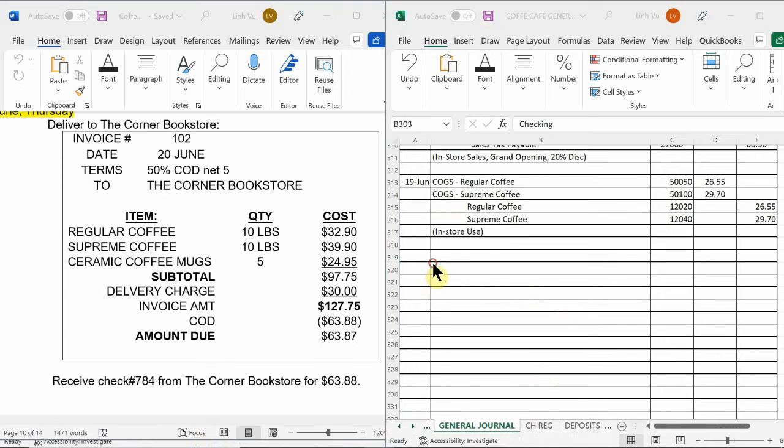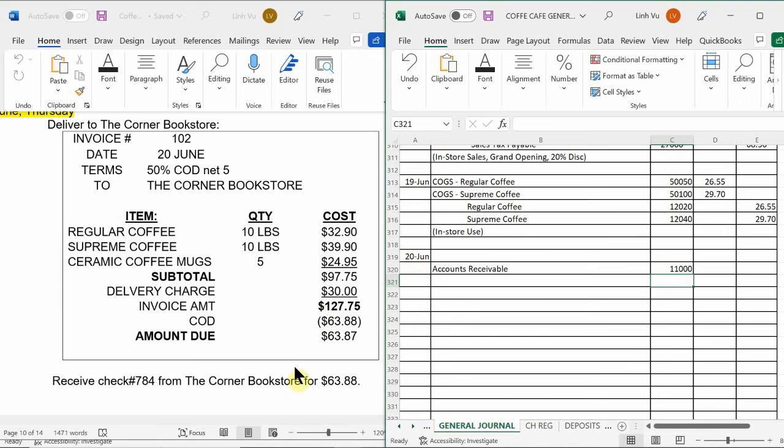That's one of them because they owe us money. We're going to do the delivery charge.